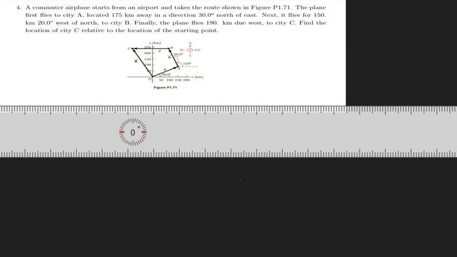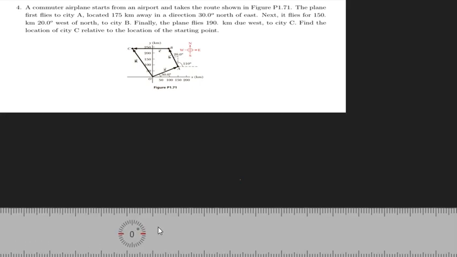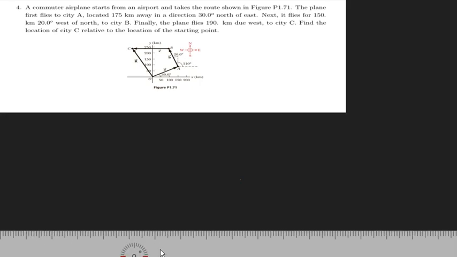Let me grab my pen. To solve this question is actually very simple, and I'm going to do it in a very simple manner. Let me grab my ruler. What we have been given is this particular compass.